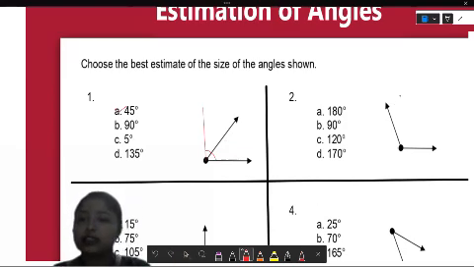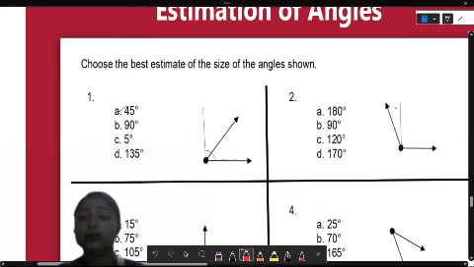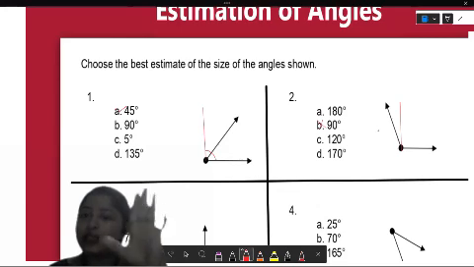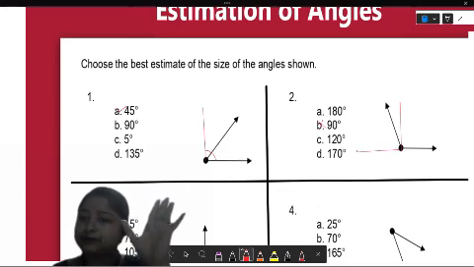Again, always try to do the estimation with the help of a right angle. So let's make a right angle over here. So this is the right angle. As you can see, this angle is more than that. So how are we going to manage this? See, this is more than 90 degrees. So let's exclude those options which are there. It's not 90 degrees. A 180-degree angle will be a straight angle, right?